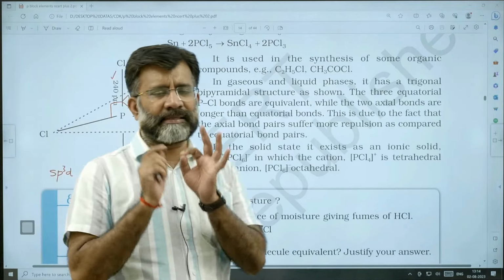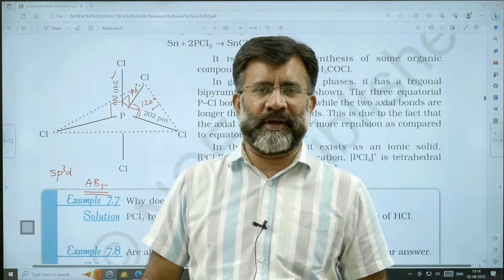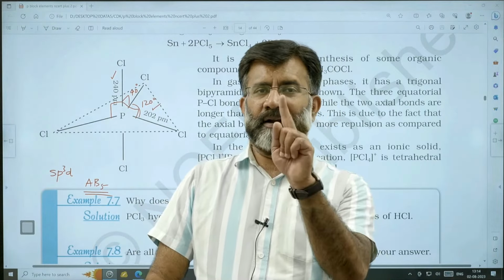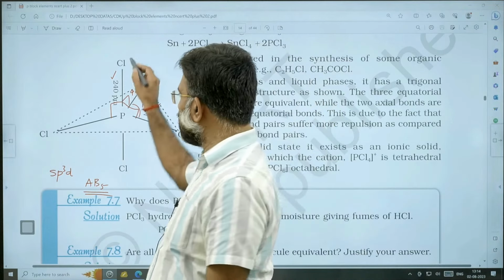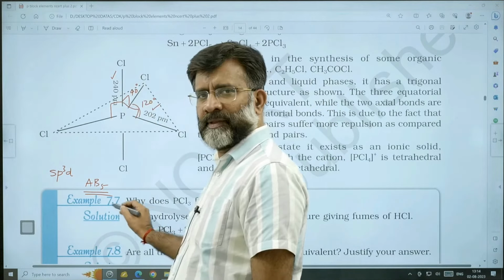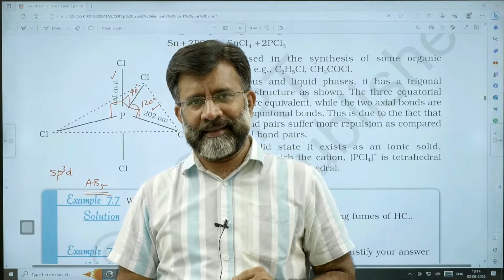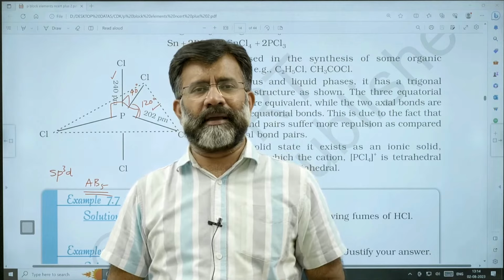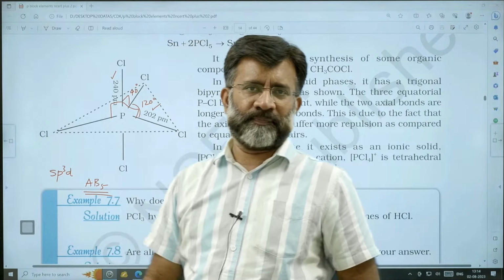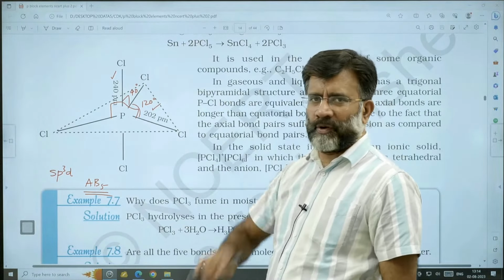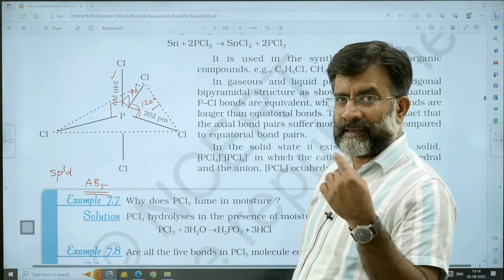This will also make a 180 degree bond angle. So there is 180 degree, 3 120 degree, and 6 90 degree bond angle in PCl5. And that is the scenario of PCl5 in the gaseous state.